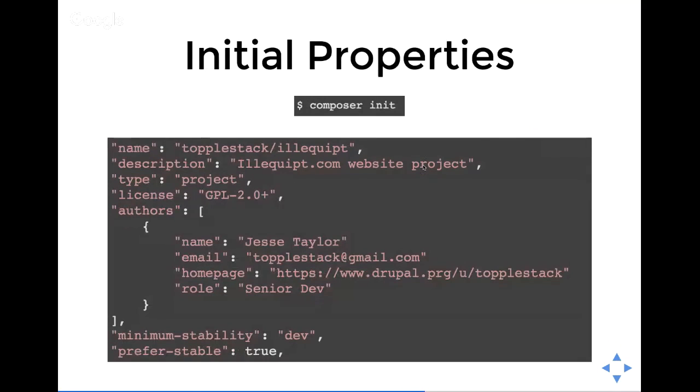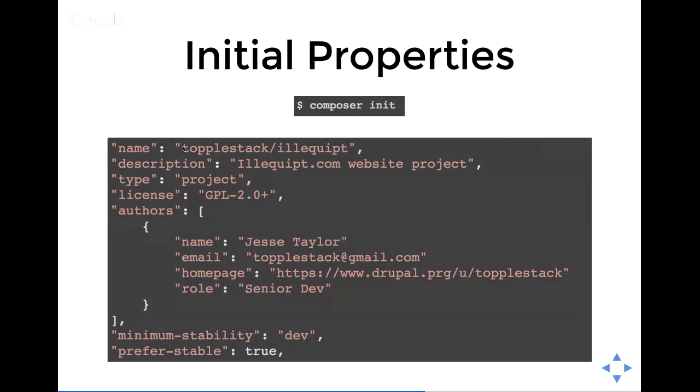Initial properties. If you've ever written a Drupal theme in Drupal 7 or a module or anything like that, this really isn't all that different. You basically consider a lot of this the meta information about your project.